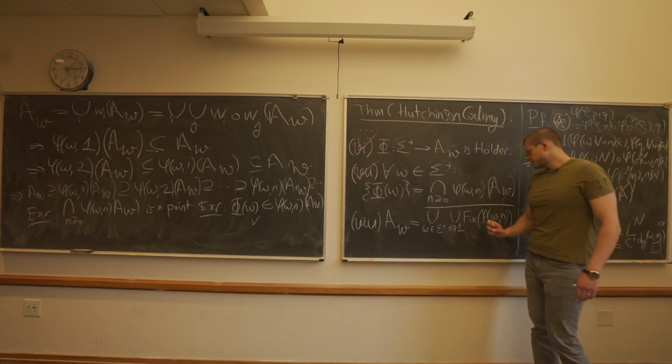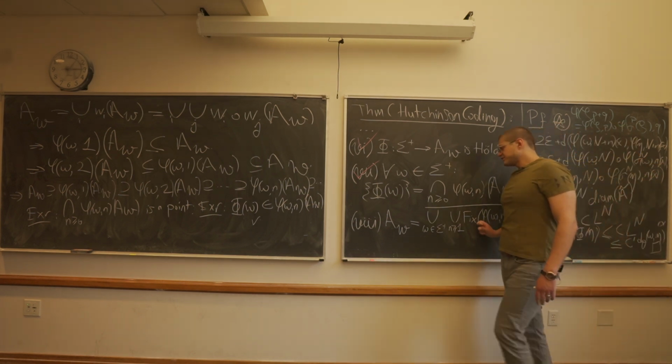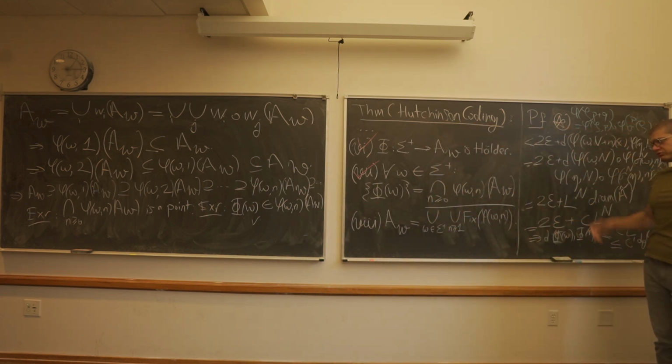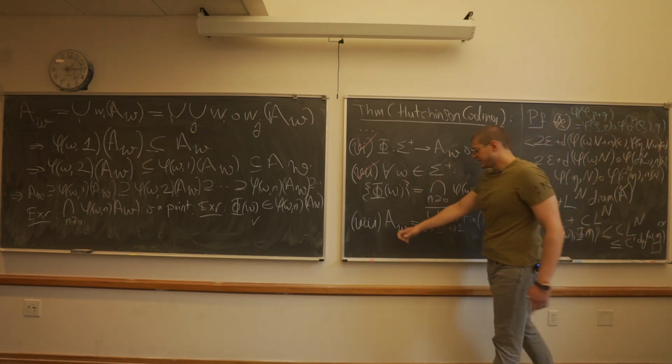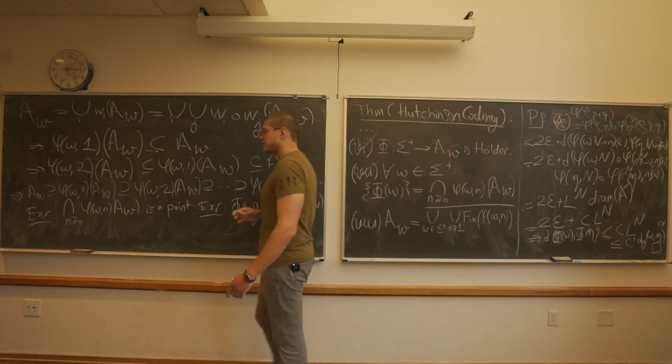Okay. I'm going to leave this as an exercise because it's a very nice exercise. Fundamentally, one way to see this is to use the coding that you built at this point. So you want to take a point A in the attractor.